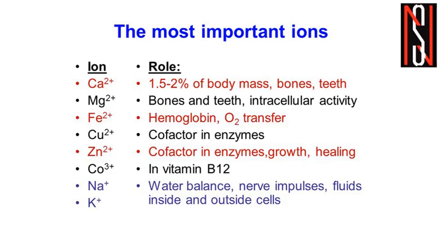So what are their roles with respect to us, the biological system, or the organism? Therefore it is very important to know the roles of these metal atoms. So this is it for this class, and in the next classes we will try to elaborate these roles of these metal ions.